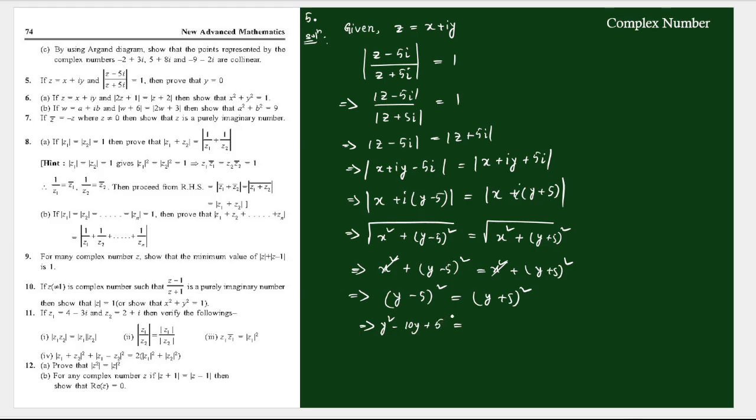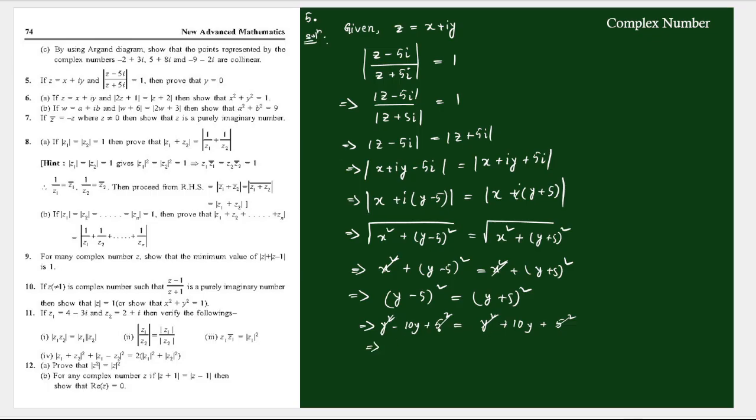5 square is how much? So y square plus 10y plus 5 square. Then what do we have? y square, the 5 square, 5 square.